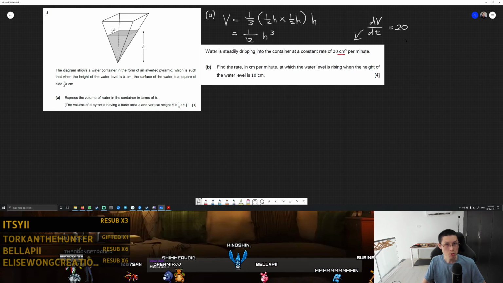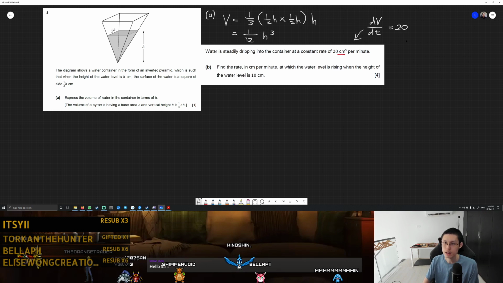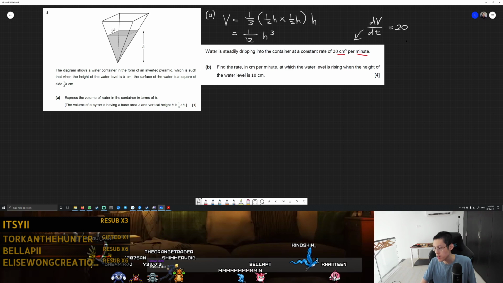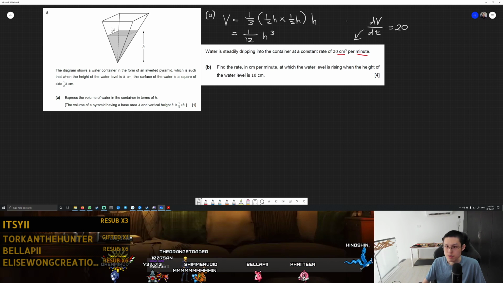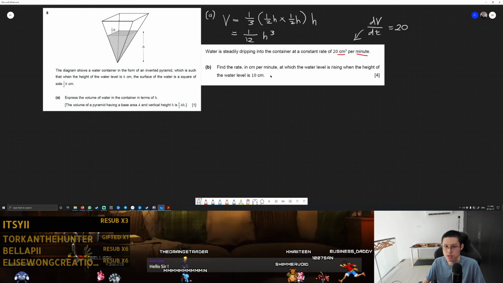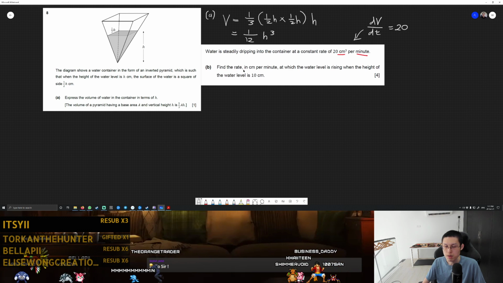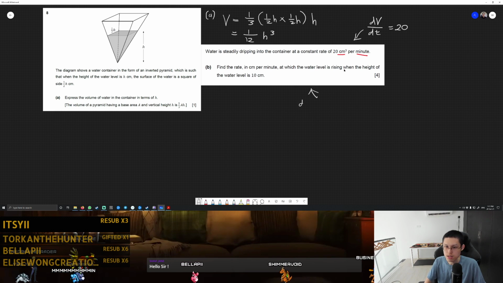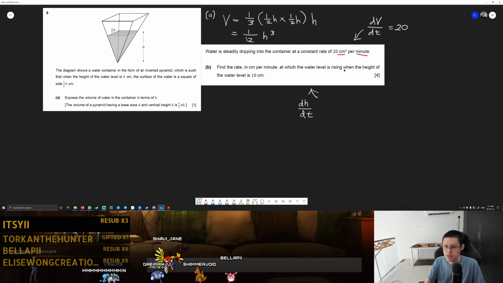So that's volume, and over time, because it says per minute, minute is a measurement of time. Hey, Shavi Jane, hello. Find the rate in cm per minute at which the water level is rising when the height of the water level is 10. So they want you to find the rate. Rate means you have to divide by time. And they want to find how fast the water level is rising, so that is your height. So this is actually asking you for the rate of change of height, dh/dt.